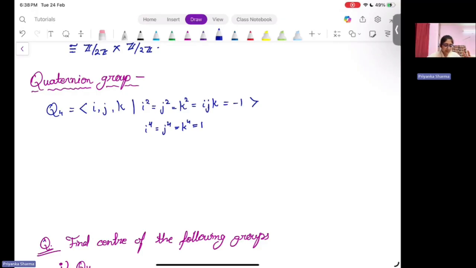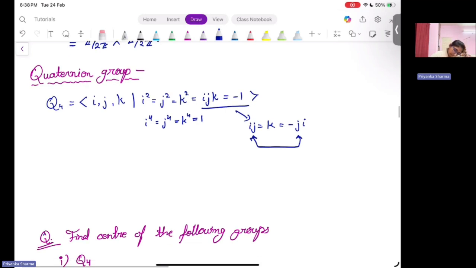That is, I, J and K have order 4 in Q4. In this one, IJK is minus 1. That can be reduced to IJ is K, or JI is minus K. So from this, we can see that the quaternion group is non-abelian.